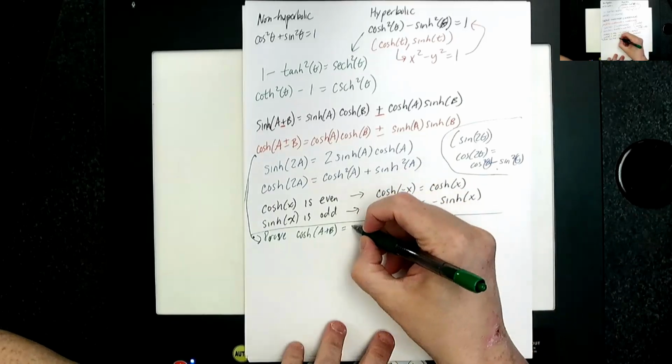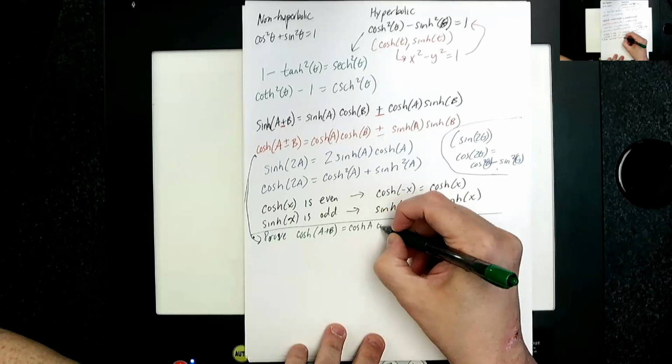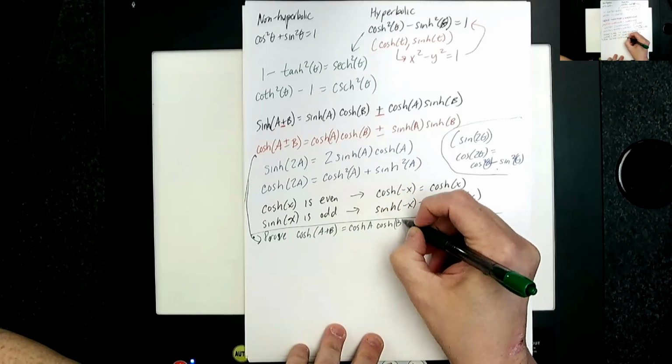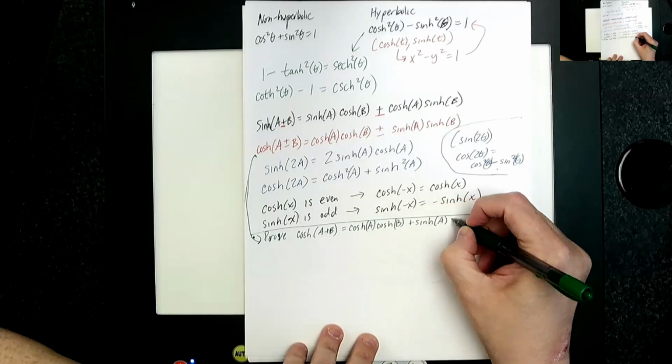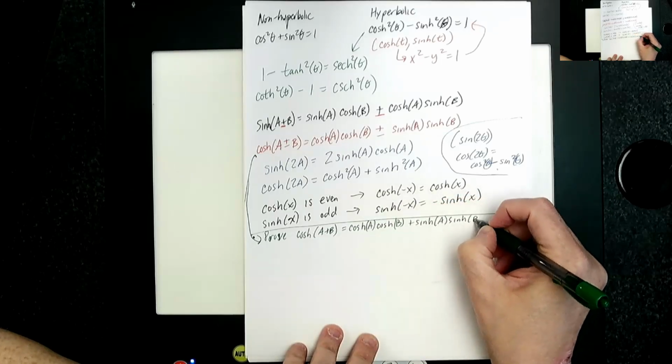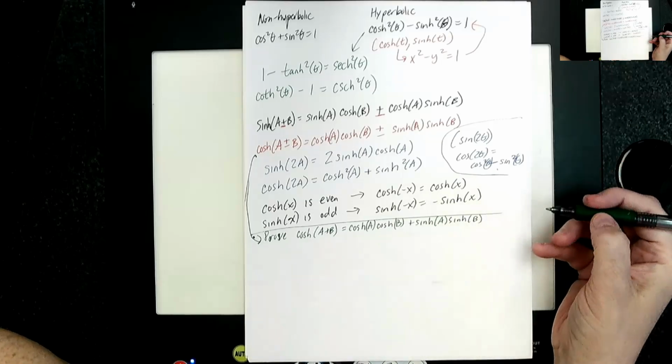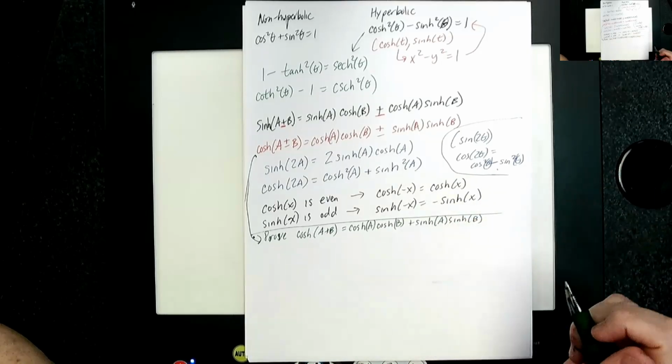So this is cosh A cosh B plus sinh A sinh B. Let's start with the right side. That's probably the easier way to start.